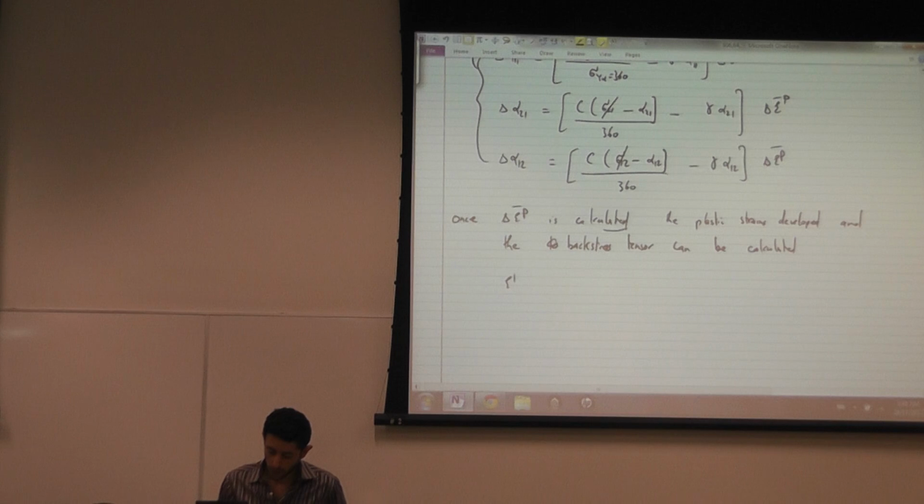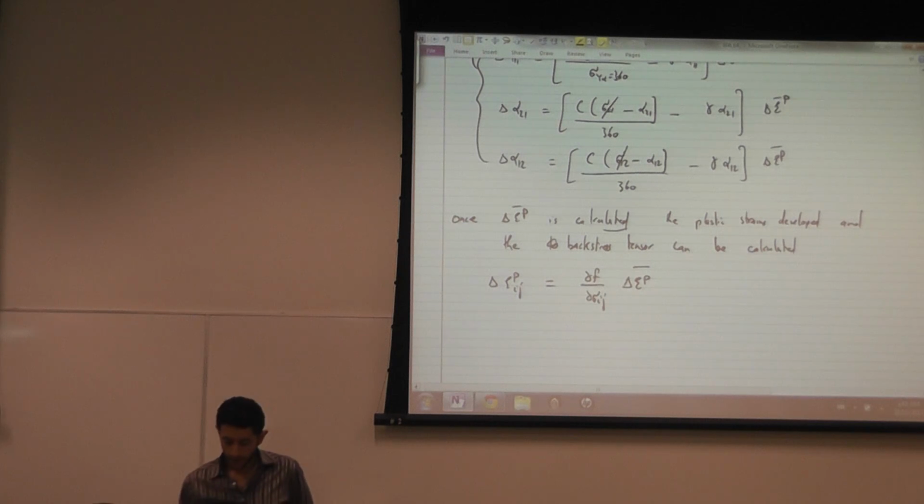Epsilon p ij is equal to partial f by partial sigma ij multiplied by delta epsilon p, and delta alpha ij is equal to C over sigma yield, alpha, sigma ij minus alpha ij, minus gamma alpha ij, multiplied by delta epsilon.